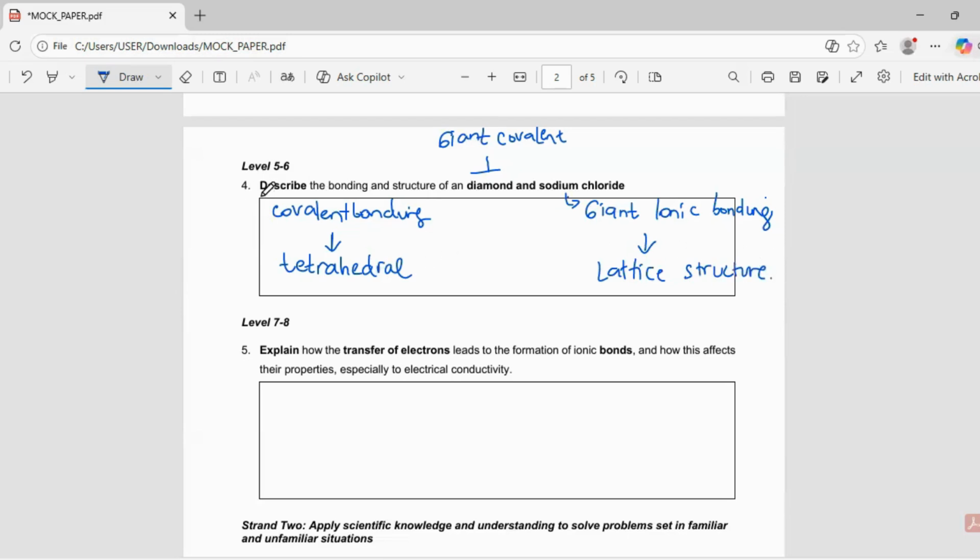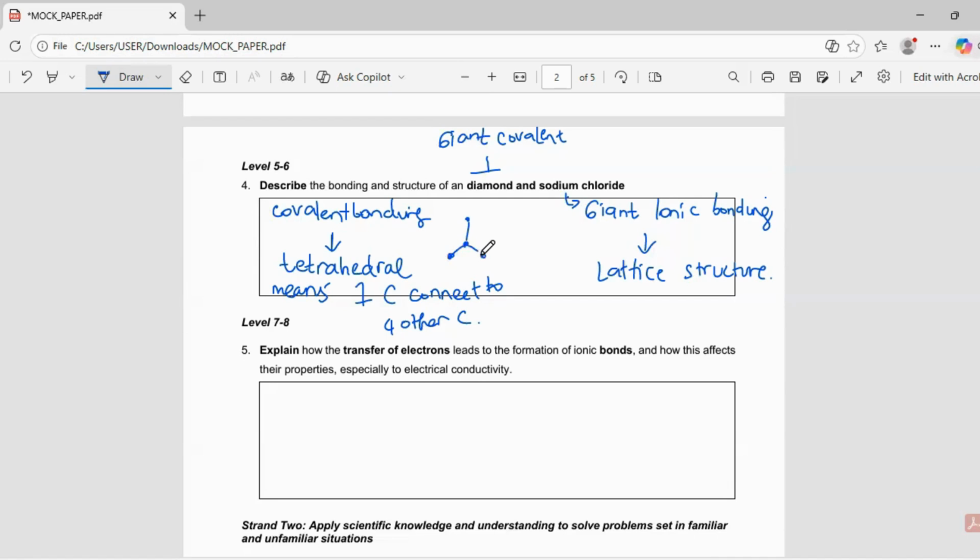Because the common term here is describe, so you have to provide more information. Tetrahedral means one carbon connects to four other carbon in a very rigid structure. So the simplified drawing, you can just draw like this.